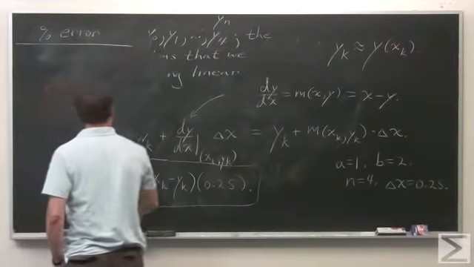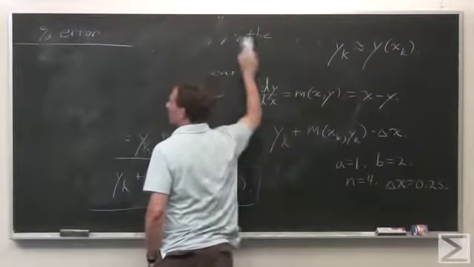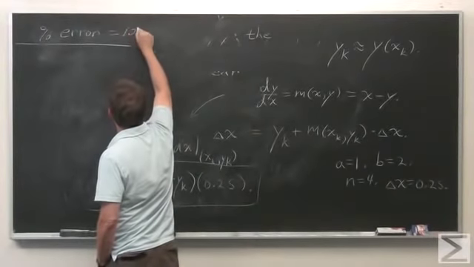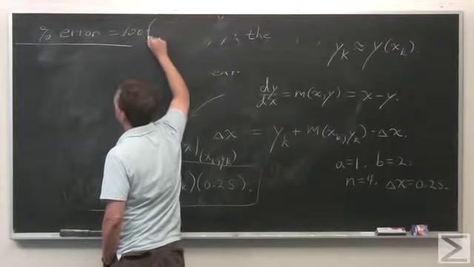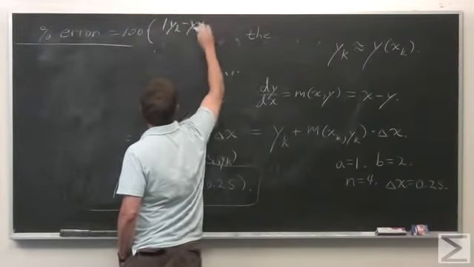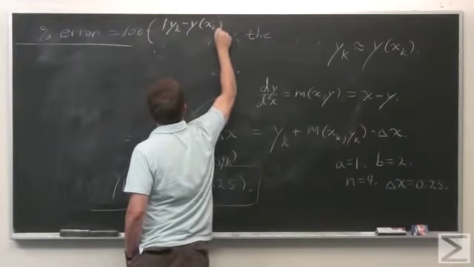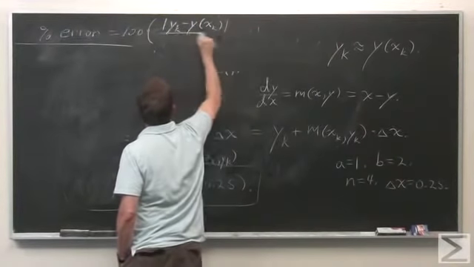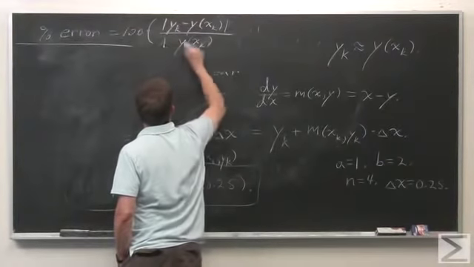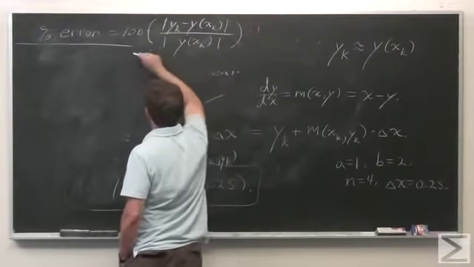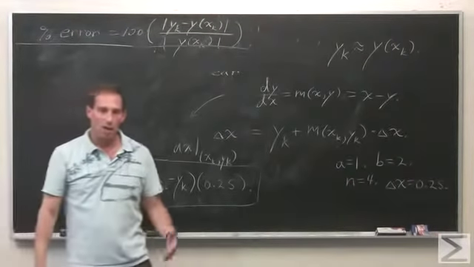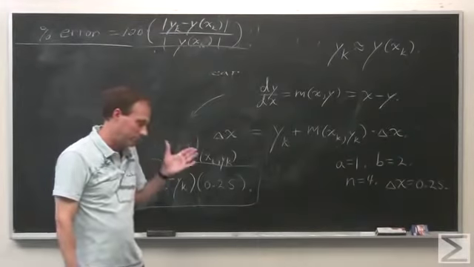For me, you'd take 100 times the absolute value of y sub k minus y at x sub k, divided by the actual value of y. It's an absolute value, so again, it's a number that's greater than or equal to 0, and it's a percent. That's why I multiply times 100. A lot of people wouldn't have that column, and you don't have to.